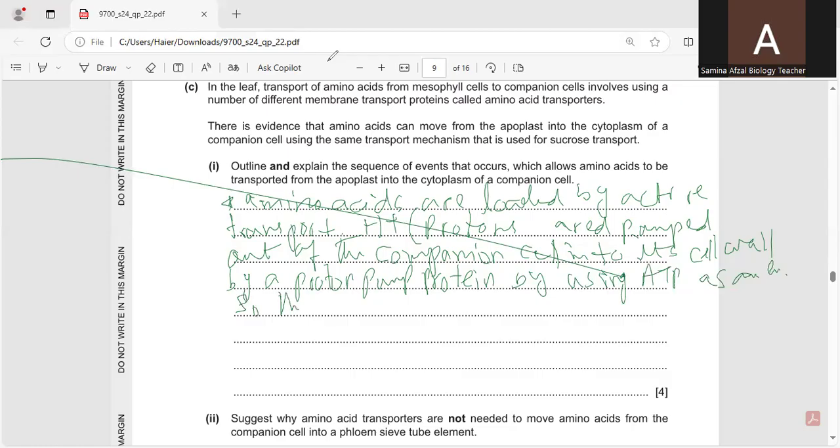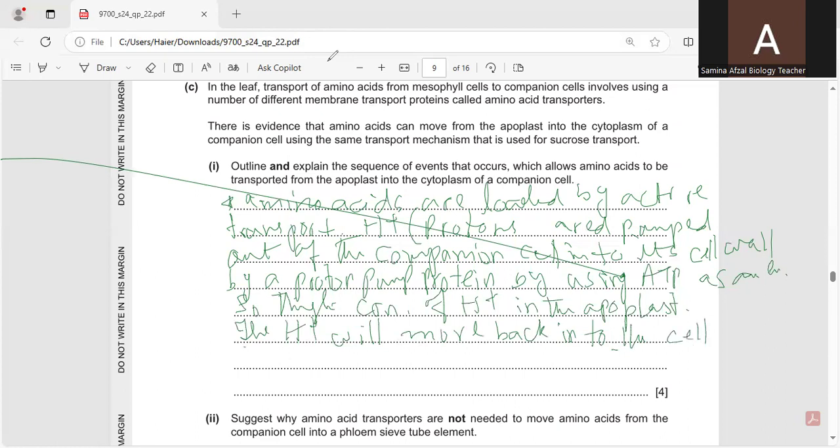So there will be a high concentration of hydrogen ions in the apoplast, and they will move back into the cell by passive or facilitated diffusion, down their concentration gradient.